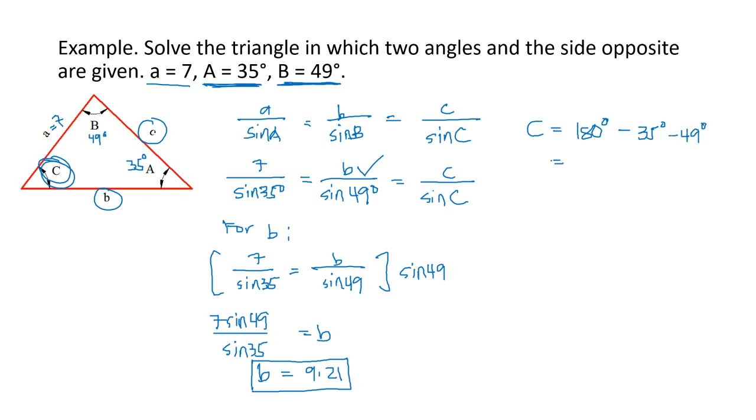If you calculate this, it is equivalent to 96 degrees. So we already have a value for angle C, and we can now solve for side C.